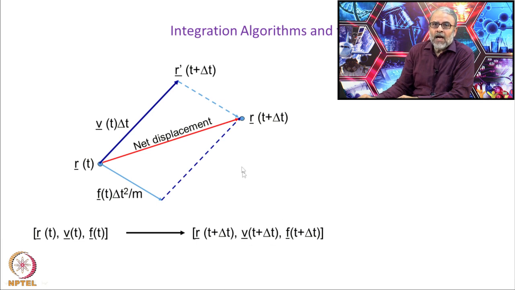Once I have the new position, in that new position there will be a new force. I need the new velocity to calculate the new force, and then I will have the new position from this. If I keep on going from one position to the next, that constitutes the trajectory. Trajectory means all the positions in a sequence.